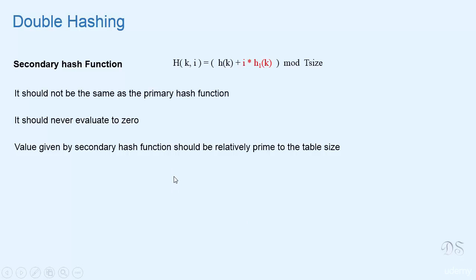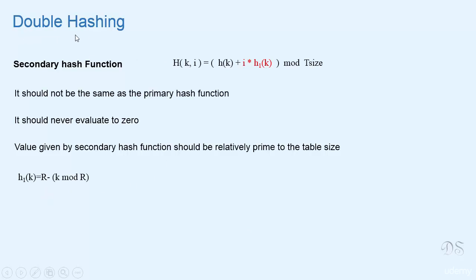If they are not relatively prime, then there will be slots that would remain unexamined. Generally, the table size is taken as a prime number, so it will be relatively prime to all step sizes. As we have seen before, a good choice for the secondary hash function is this, where r is a prime number less than the table size.